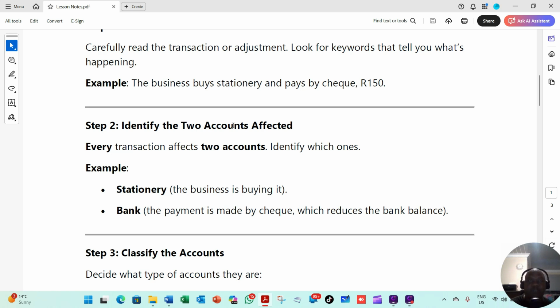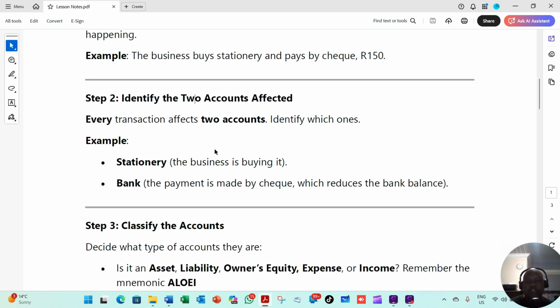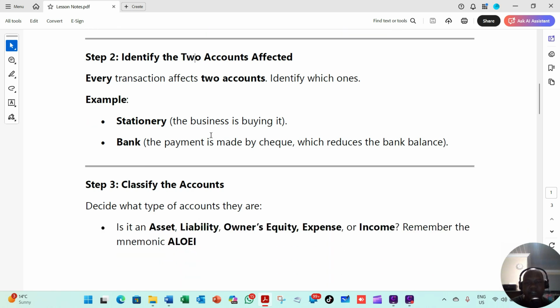Remember that chart of accounts from our previous lessons, which shows a list of assets, a list of income accounts, a list of expense accounts, and a list of liability accounts. So we are talking about those accounts. Those are accounts. So identify the two accounts affected.